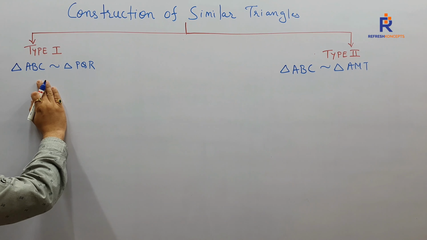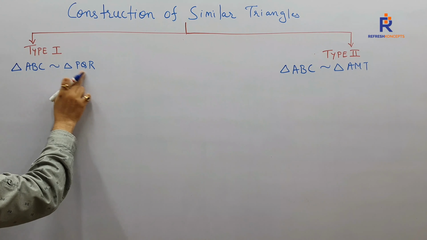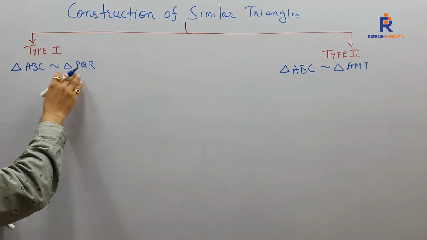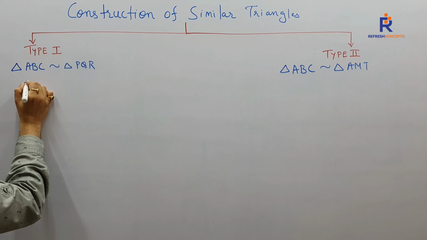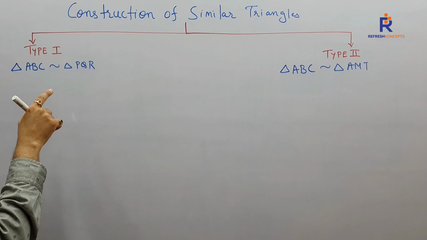Now, what is the thing which is going to be common to both the types? Children, out of the two, any one triangle's parameters will be given to us. When I say parameters, I mean sides and angles will be given so that I can draw the first triangle, either maybe ABC or maybe PQR. So let's frame a simple question, just to understand.